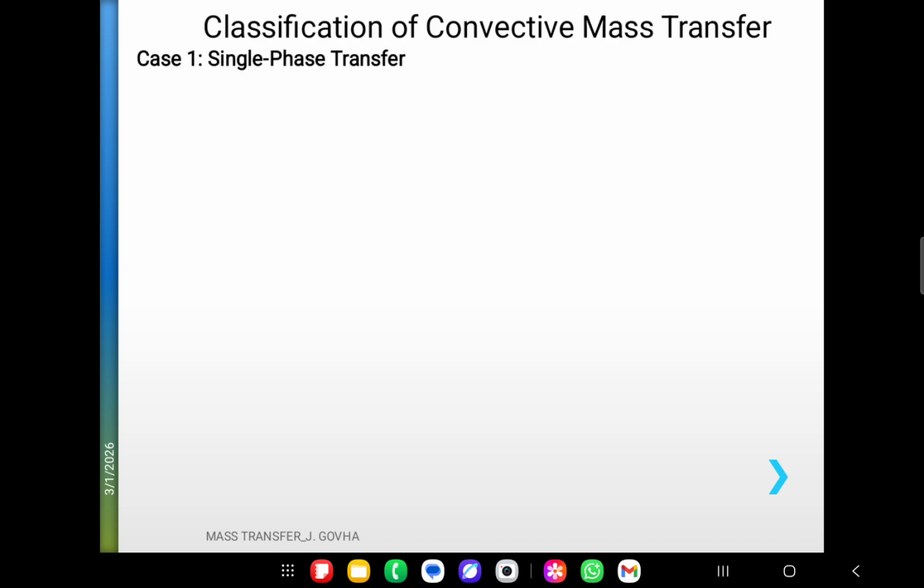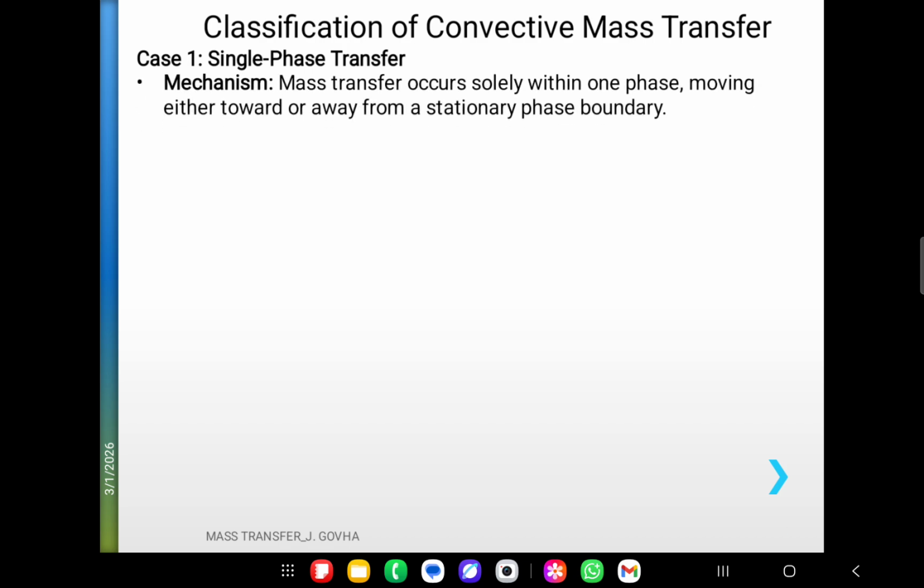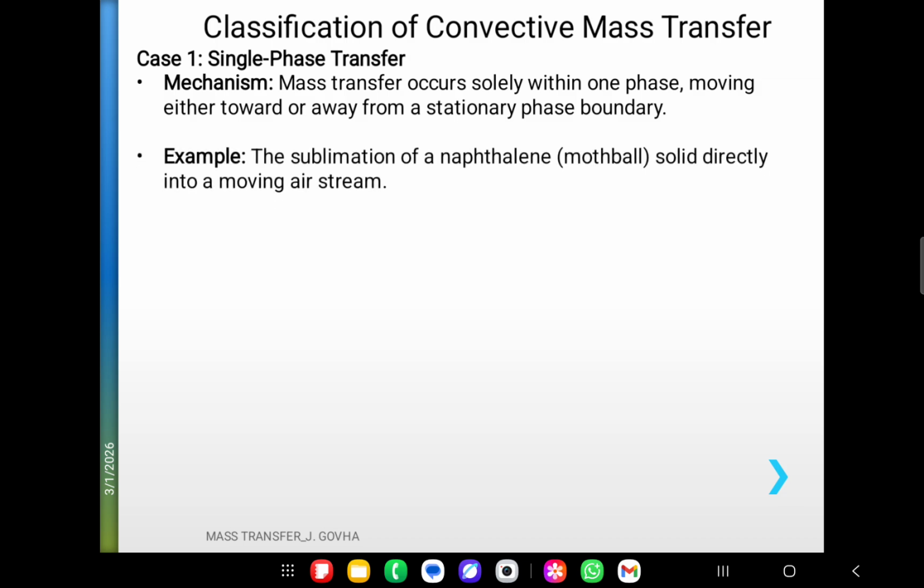Classification of convective mass transfer. So we have the single phase transfer. Mass transfer occurs solely within one phase, moving towards or away from a stationary phase boundary.